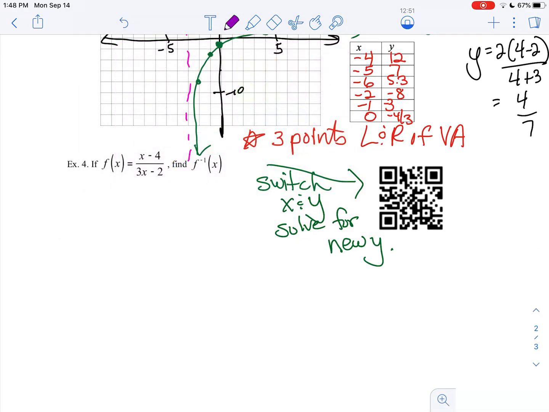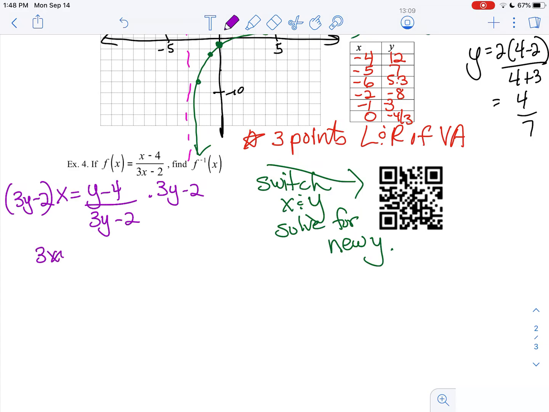All right, so you did inverses in Algebra 2, and if you took pre-calc, you did it in pre-calc. So watch what you're going to do. You switch the x and the y, and now I'm going to solve for new y. So you need to clear the fraction, so we multiply both sides by the denominator.